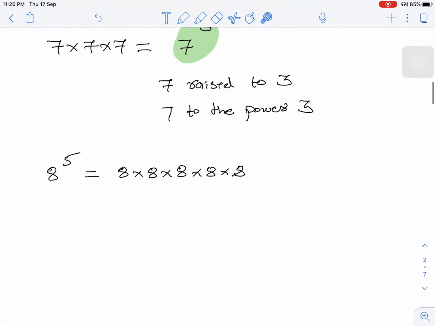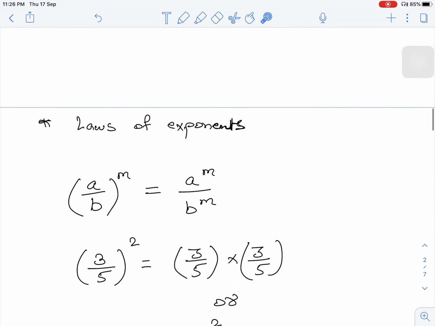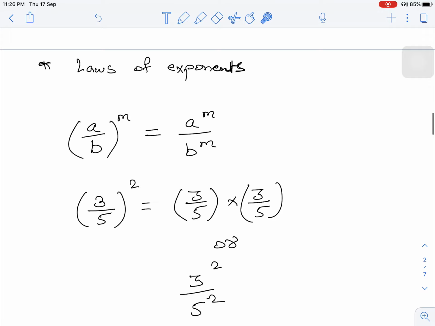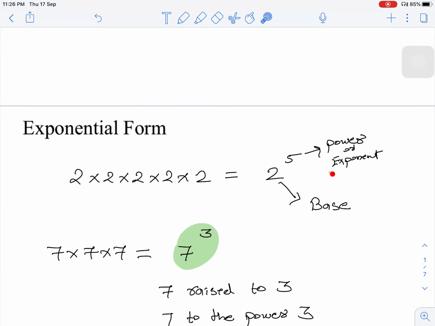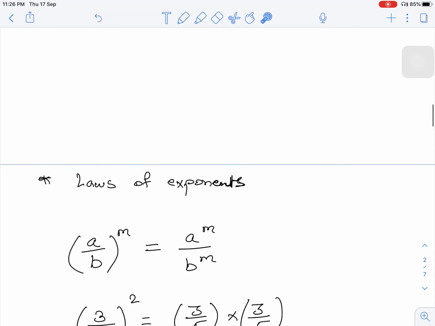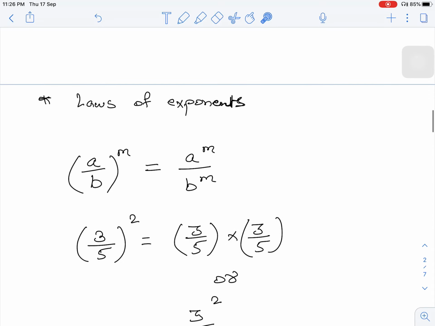Now let us see some more things about these powers and exponents. Remember one thing, that power and exponent both mean the same thing. In the previous class we have learned about some laws of exponents.